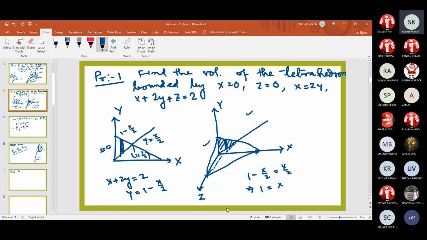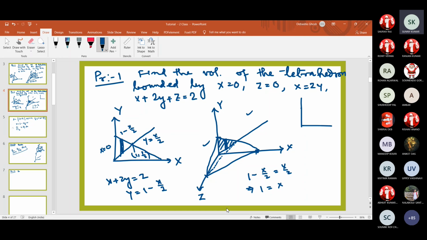Okay, you can take the yz plane, there is no issue. But if you consider the yz plane, you have to write x in terms of y and z, and then find out the range for y and z also.